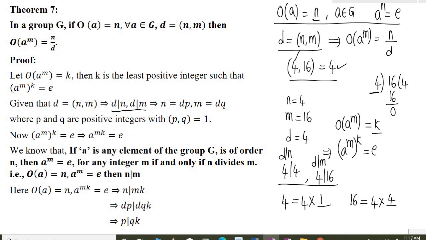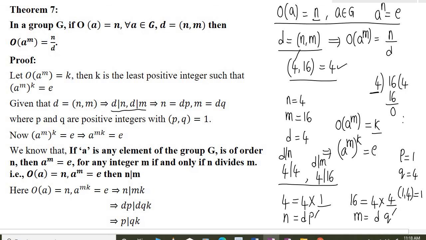And also here, n equal to D into P, m equal to D into Q. So, P equal to 1, Q equal to 4 for this example. And also the GCD between 1 comma 4 is 1 only.